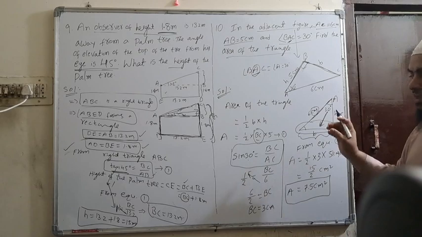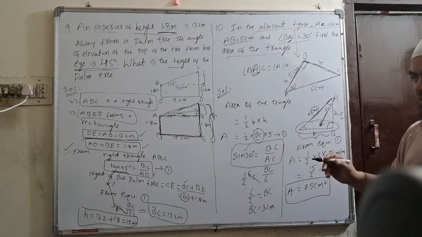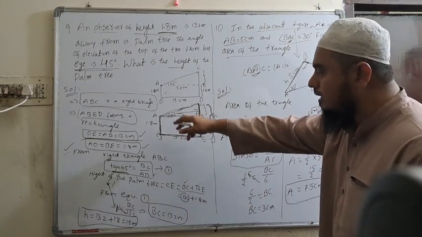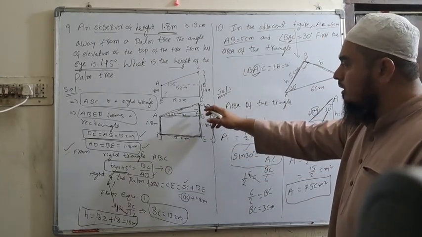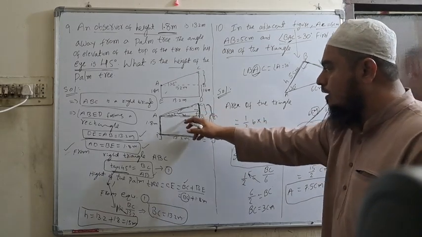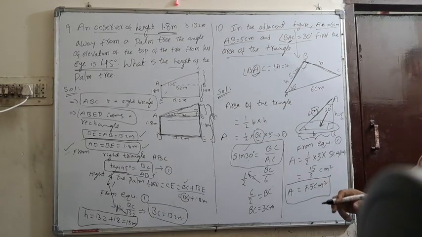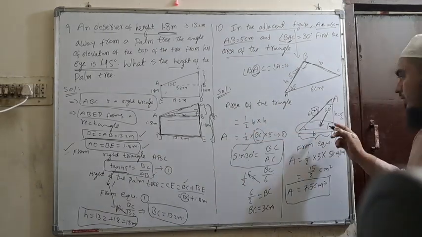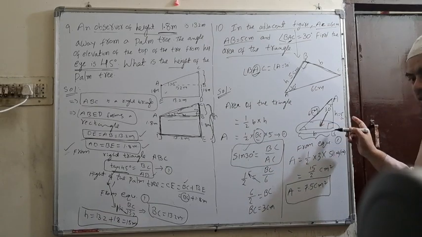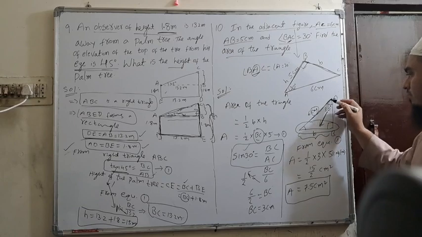So we have to think first which ratio we have to take: sine, cos, tan. As in the earlier problem we took tan 45 degrees, because there we needed to calculate BC and we knew AB, so opposite by adjacent. Here we need to calculate BC, which is opposite to angle 30, and we know the hypotenuse.